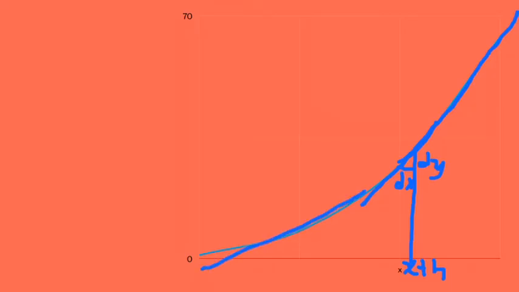There's a function, right? So it's something like this. It's the rate at which that function is changing, and it more closely approaches the tangent line.